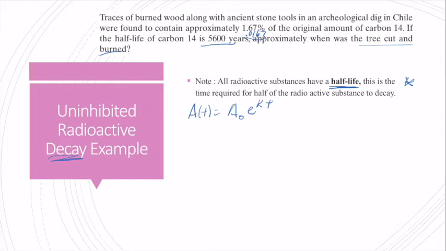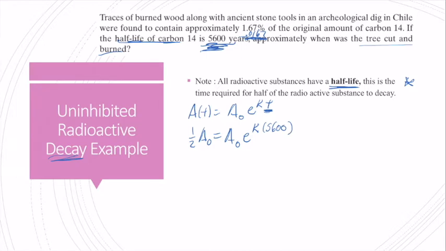I don't know how long it took to get to 0.0167, but I do know how long it takes to get to our half-life. So if I have 1/2 A naught, where the original amount of carbon is A naught, e to the kt, I know that I have 1/2 the amount of carbon in 5,600 years. That's a really long time. Now I can solve for k.